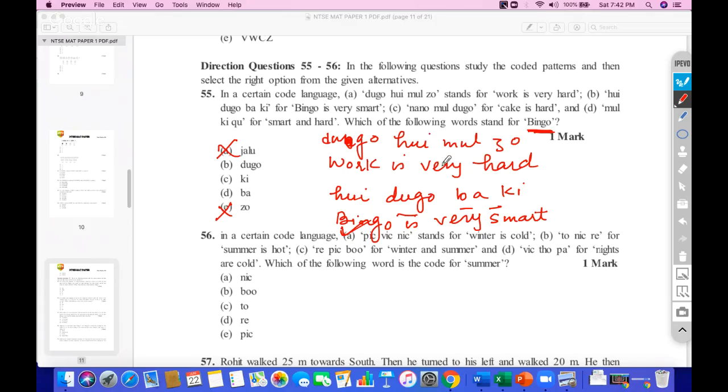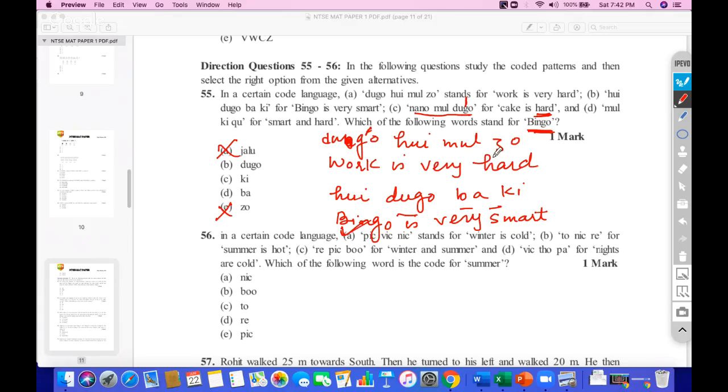Where else is Bingo coming? So C is Nalo Mul Dugo. So cake is hard and Dugo is here and Dugo is here. So it's for hard.